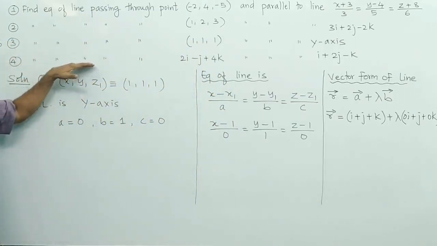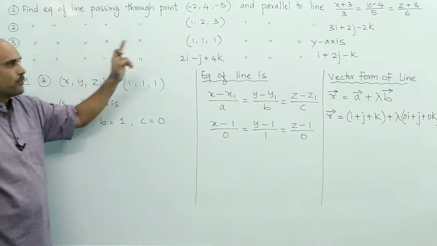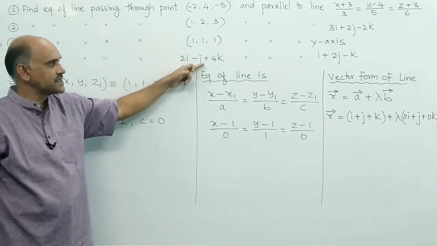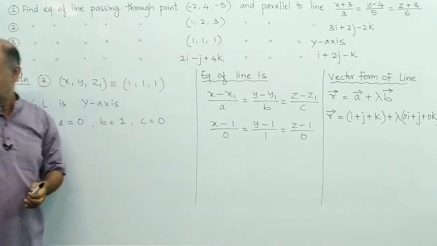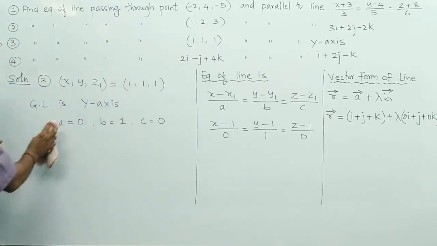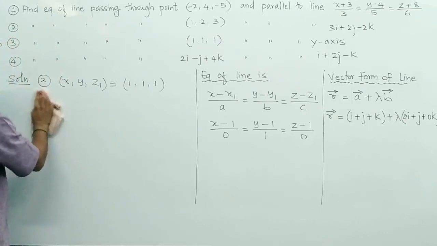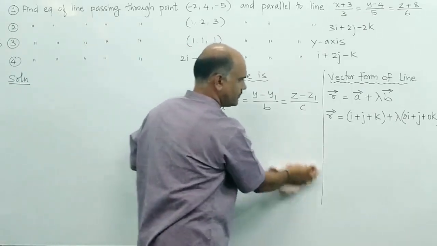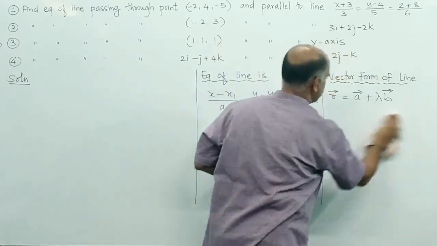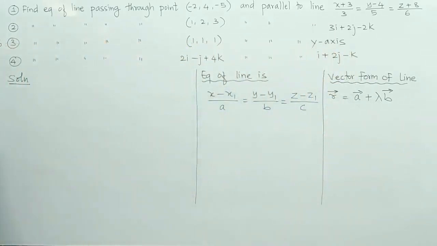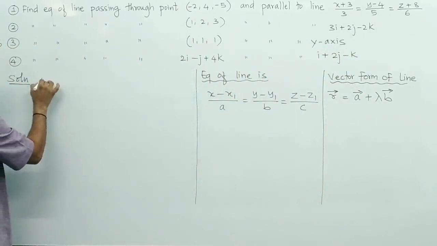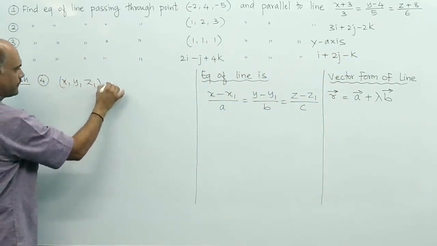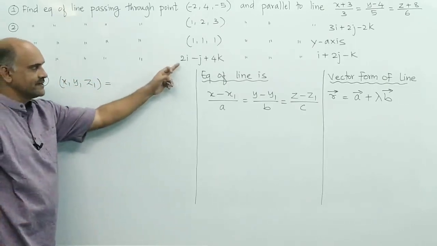Similarly, you can try the fourth one. In the fourth point he has given it in terms of vector, meaning the position vector he has given, and the line parallel to it he has given. So you can try the fourth one, students. Got it? So fourth: x1, y1, z1, he has given in vector form.